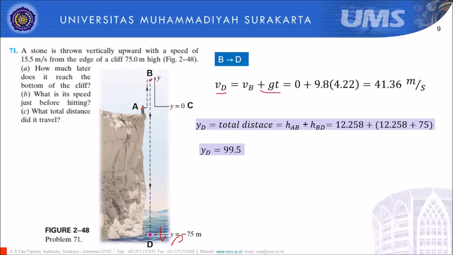It's totally different from vertical upward movement. V_B is 0 because this is the maximum point. You have no initial velocity. And then t is the time needed.